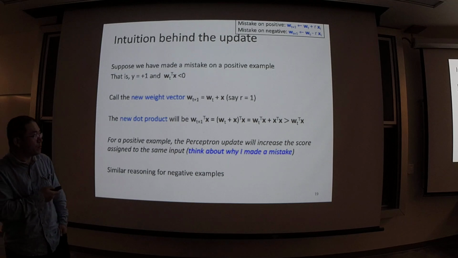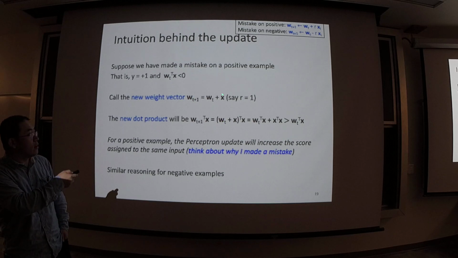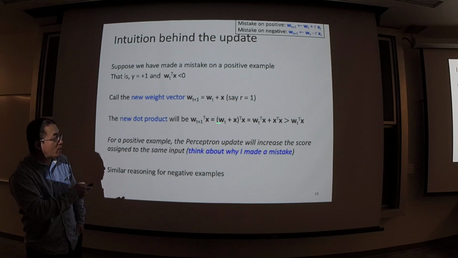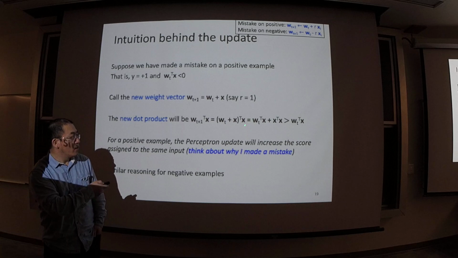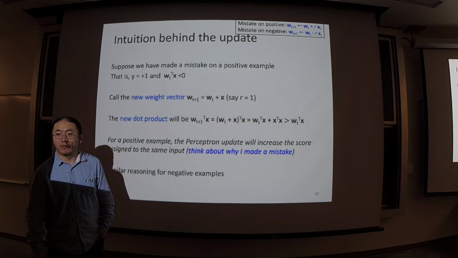Because WT plus 1 equals WT plus X, copied from the update rule we have just done, and multiplying with X, we get in the parentheses WT transpose X plus X transpose X, right?